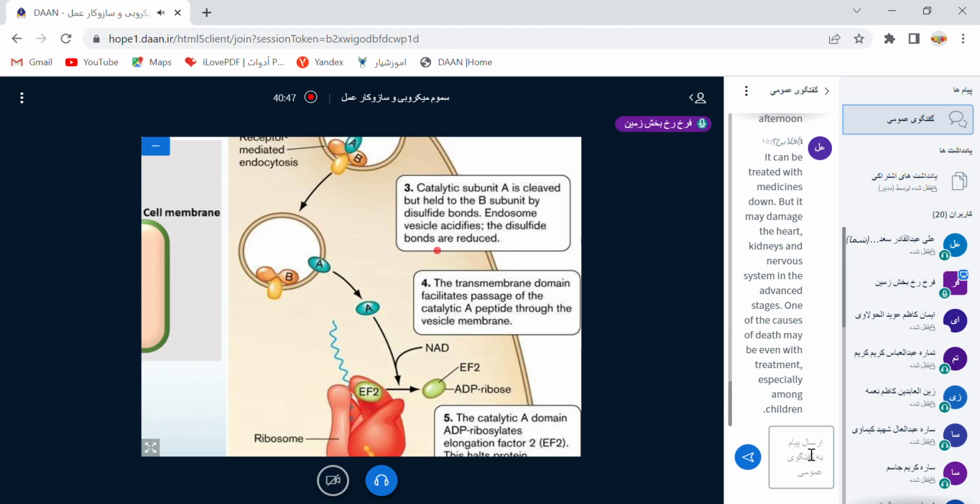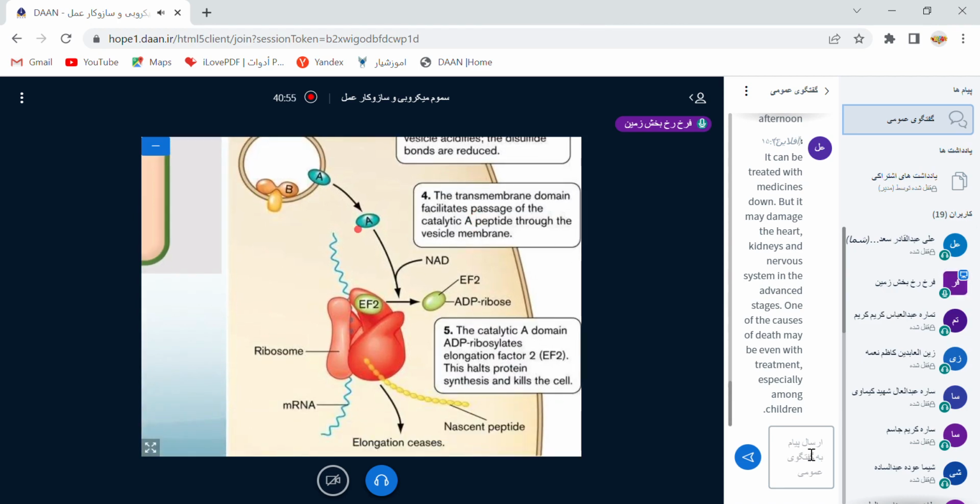The disulfide bonds are reduced, and after that A searches to find the ribosome and elongation factor 2. The transmembrane domains facilitate passage of the catalytic A peptide through the vesicle membrane, so the catalytic site helps A come to the cytoplasm.